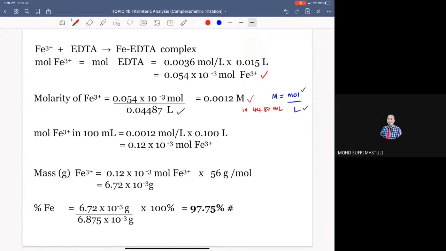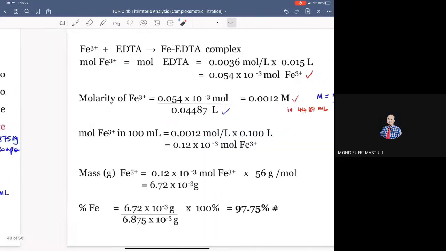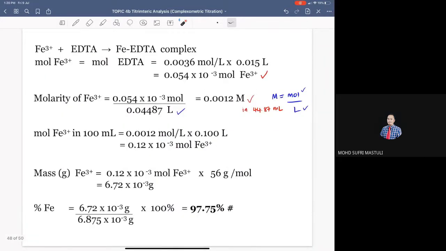Since the 44.87 ml is obtained from 100 ml, you have to calculate the mole in 100 ml.